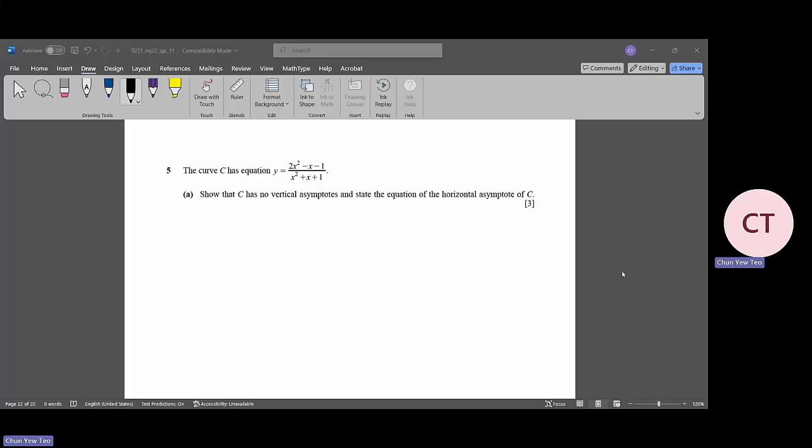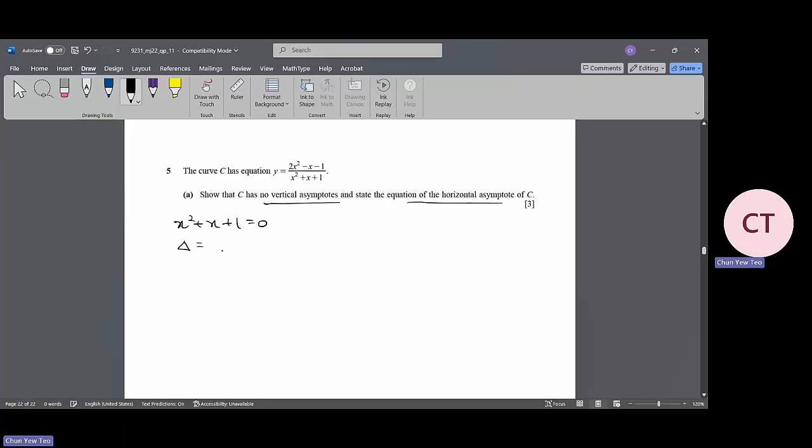The curve C has equation y equal to 2x squared minus x minus 1 over x squared plus x plus 1. For A, show that C has no vertical asymptote and state the horizontal asymptote of C. So to find the vertical asymptote, we let the denominator equal 0.